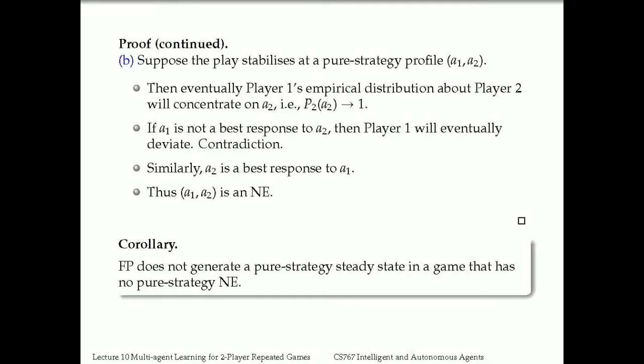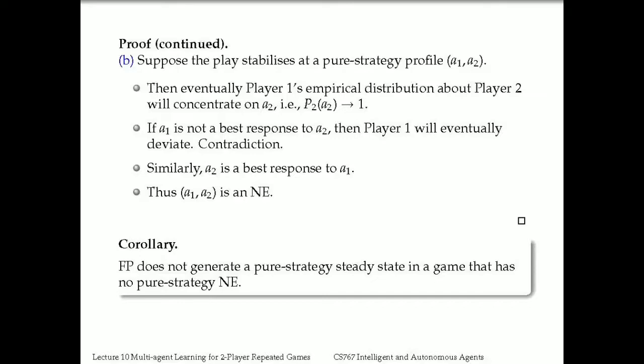Then player 1 will eventually deviate because there will be an action which gives player 1 a better payoff. And that contradicts the fact that the play stabilizes at A1, A2. Similarly, using the same argument, A2 is also a best response to A1. Therefore, A1, A2 are best responses to each other, and it is a Nash equilibrium.